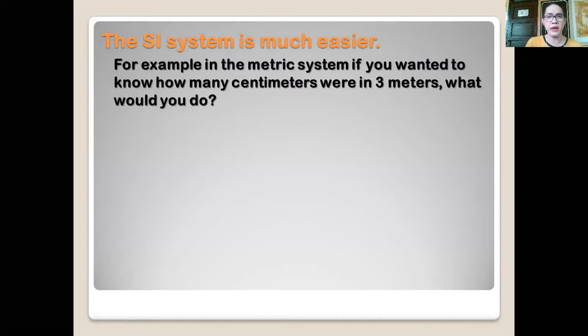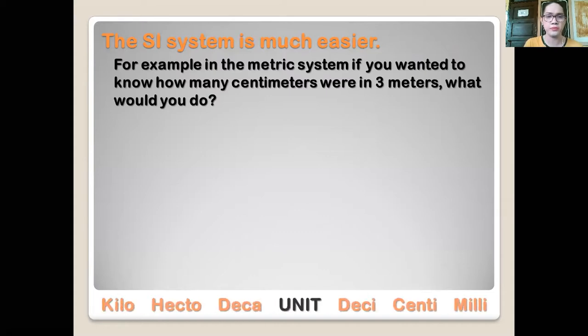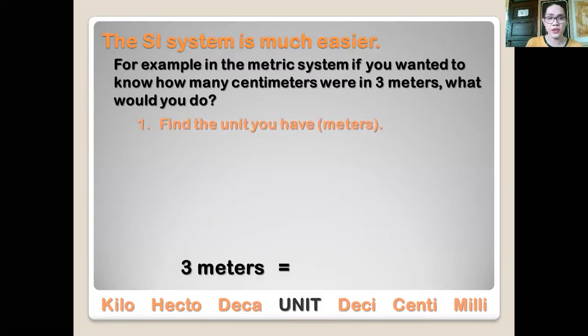For example, in the metric system, if you wanted to know how many centimeters are in 3 meters, what would you do? First, find the unit you have: meters. So we have 3, right? And then find the unit you are changing to: centimeters.